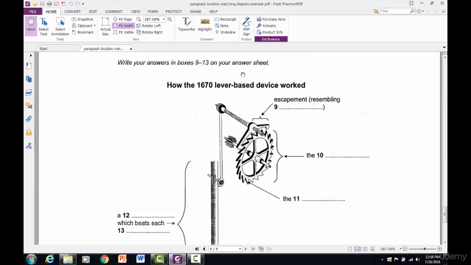Number 9 is dealing with escapement, and the key word here is resembling. The word resemble means looks like. It's very important that you learn vocabulary. The more vocabulary that you learn, the easier this test is going to be. The vocabulary that you need for the TOEFL exam and the IELTS exam is the same.